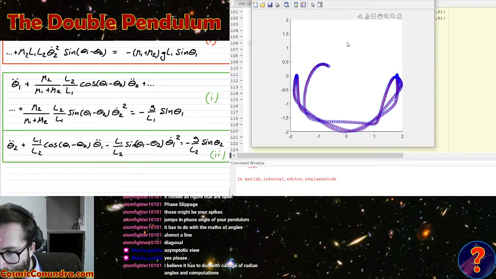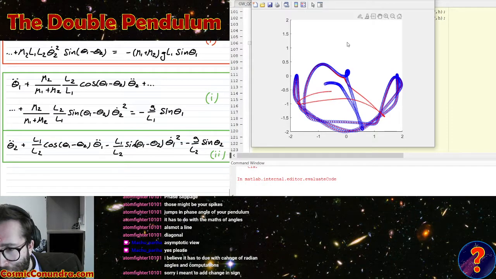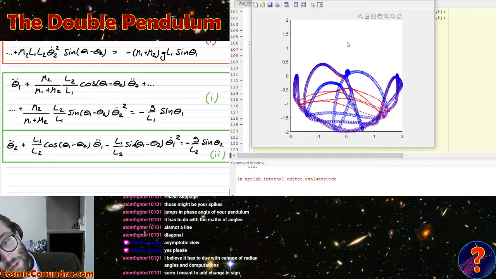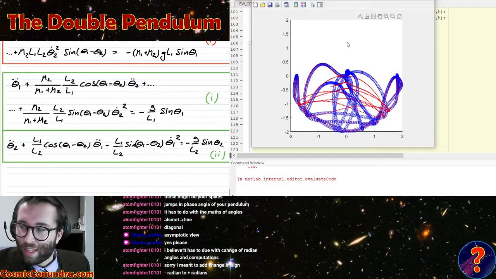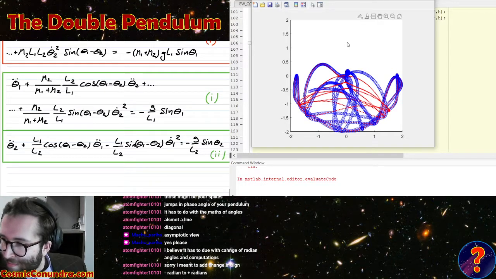You believe it is to do with the change of radian angles and computations. Okay, fair enough. Oh, change in sign. Oh, I see. Maybe when the angle is like 1.9 of pi, it rounds to 2 pi, then modulos it so it goes to 0.